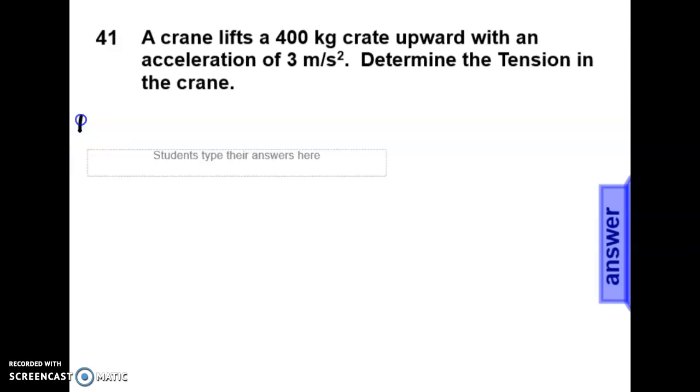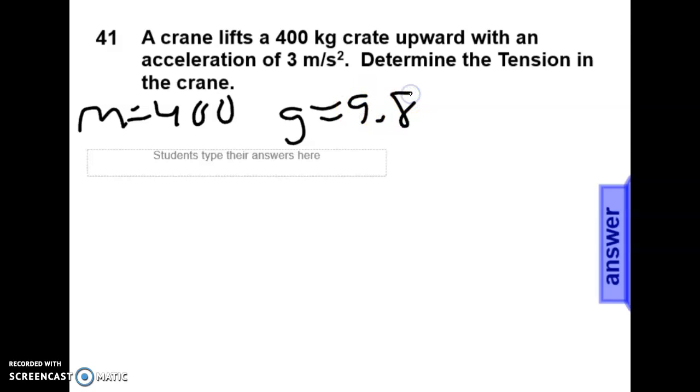It says that the crane lifts a mass of 400 kilograms. We know that g is equal to 9.8, and the acceleration is upward, positive 3 meters per second squared. Determine the tension on the crane.